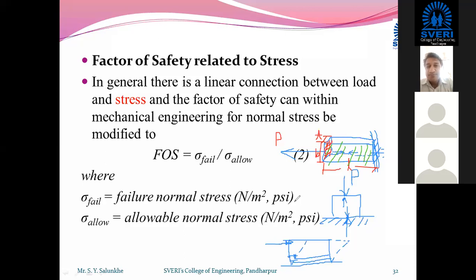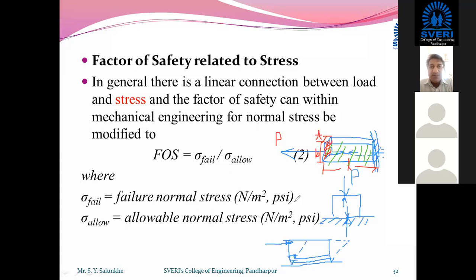Okay, so when we see the factor of safety, it is the value of stress where the material fails, divided by the value of stress generated by application of external force. That is called the factor of safety. It is mathematically denoted by FOS, that is, factor of safety equals sigma suffix fail.